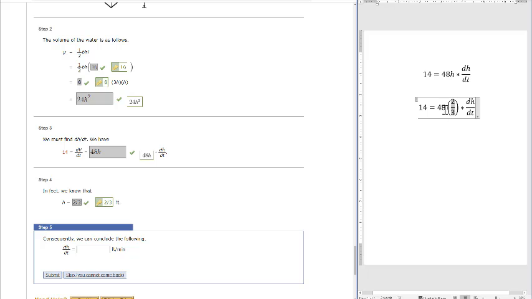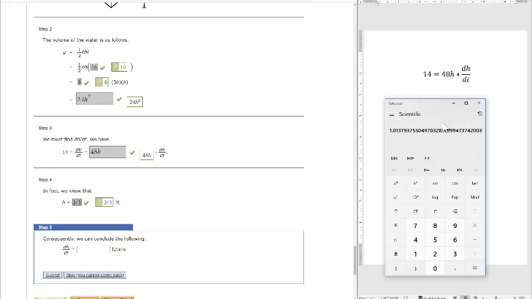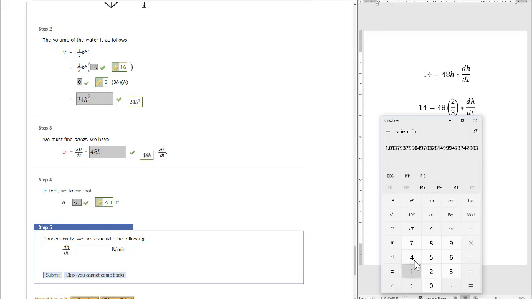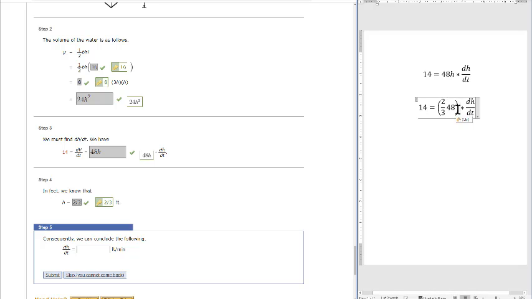And so 3 goes into 48 how many times? 16 times, maybe. Now, when in doubt, use your calculator. 48 times 2 divided by 3 is 32. So this whole thing is going to be 32.